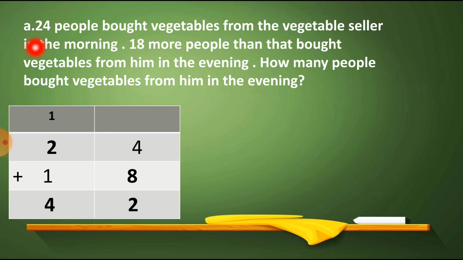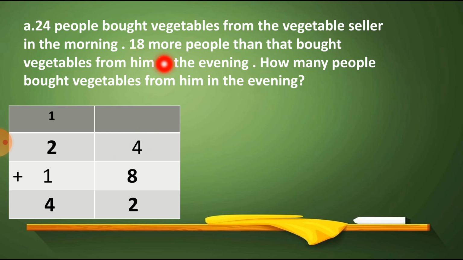Let's read this. 24 people bought vegetables from the vegetable seller in the morning. So we can write down this number 24 here.